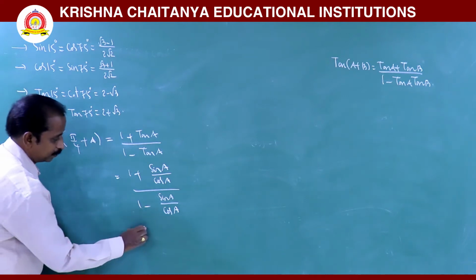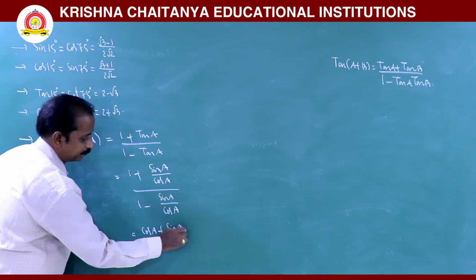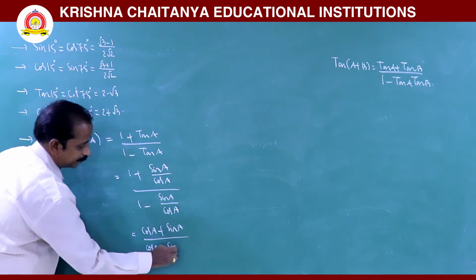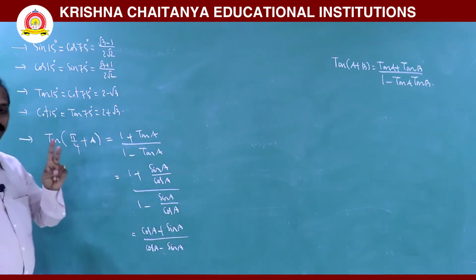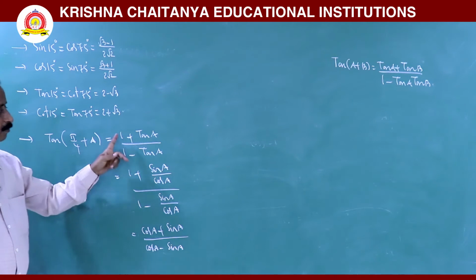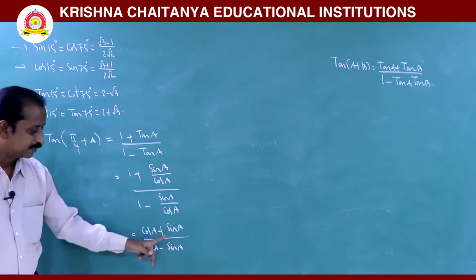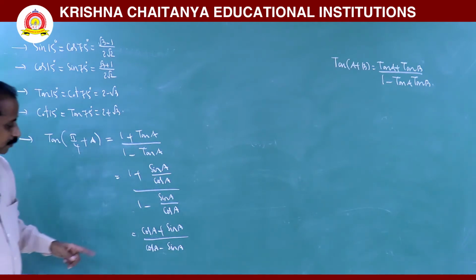So we get cos A plus sin A divided by cos A minus sin A. So instead of tan (45 plus A), we can write it in two ways: 1 plus tan A by 1 minus tan A, or cos A plus sin A divided by cos A minus sin A.